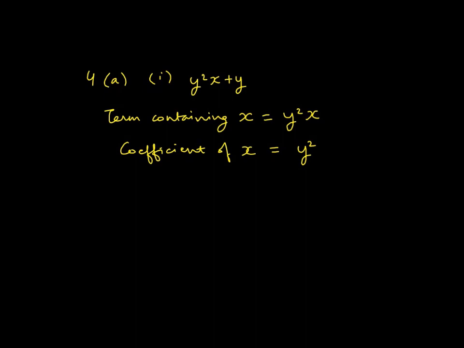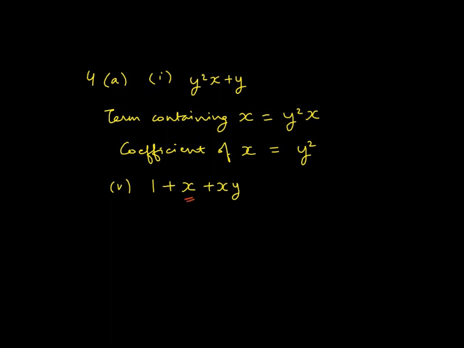In the same way, we can find the coefficient of x in this: 1 plus x plus xy. Now in this case there are two terms which are containing the variable x.